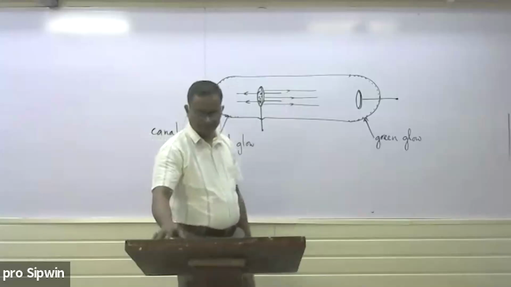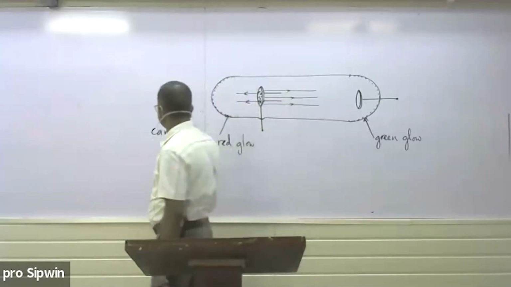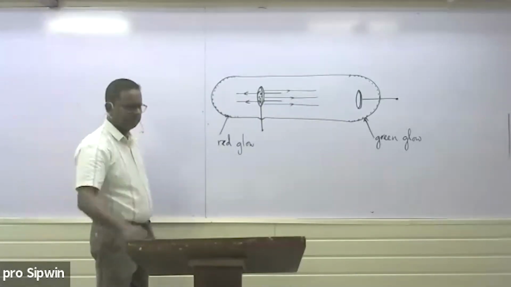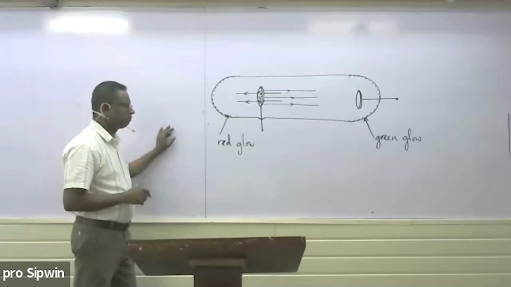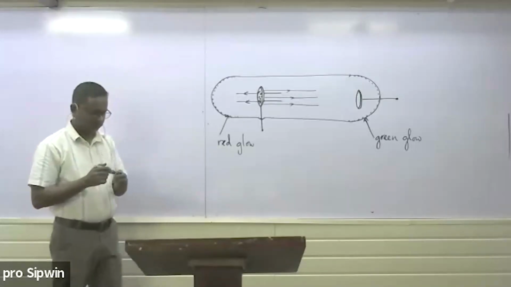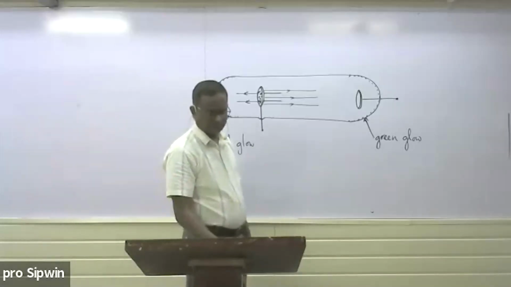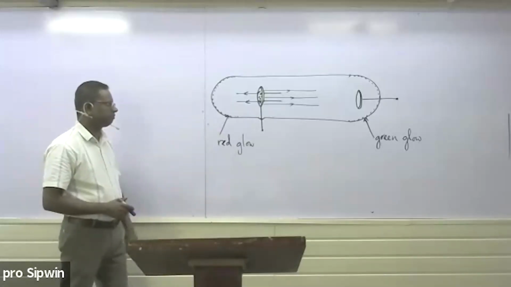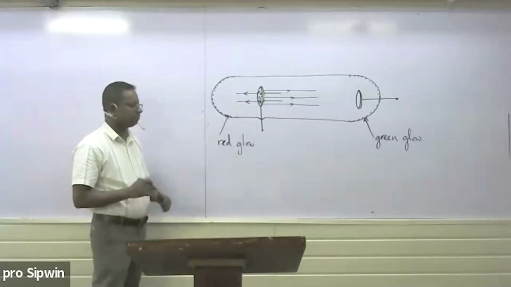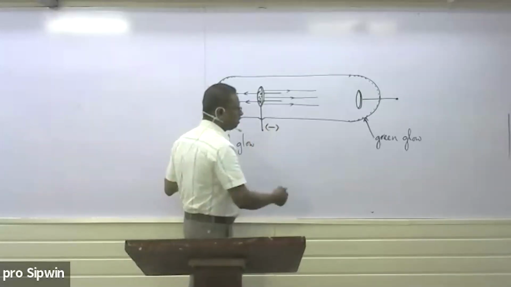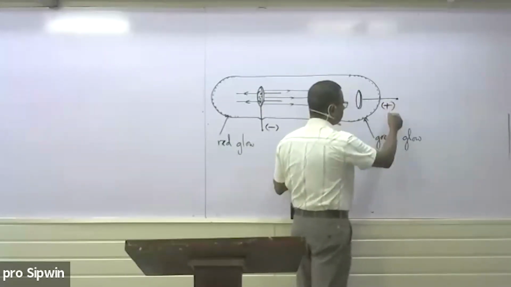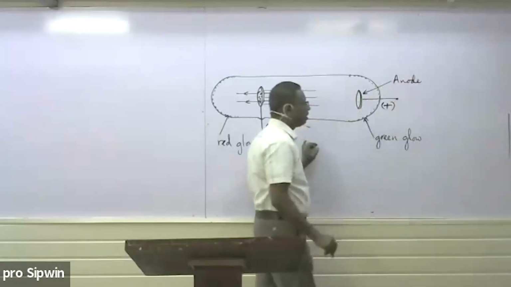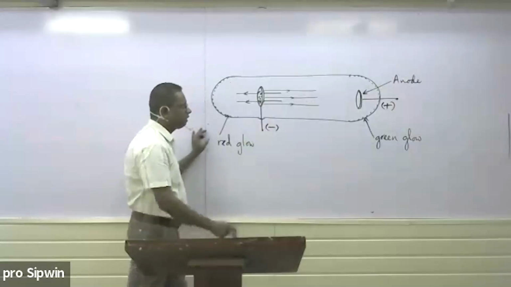Draw this diagram. Negative one, positive one. Anode. This one is the cathode.